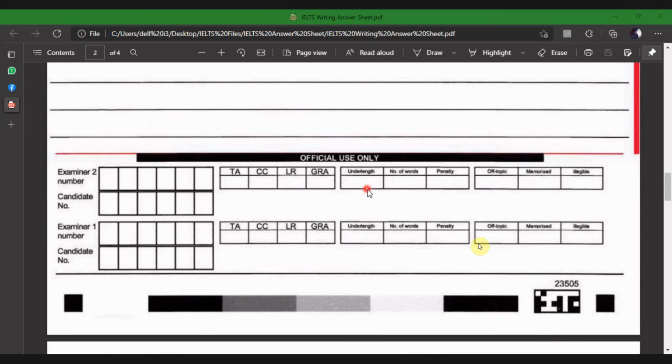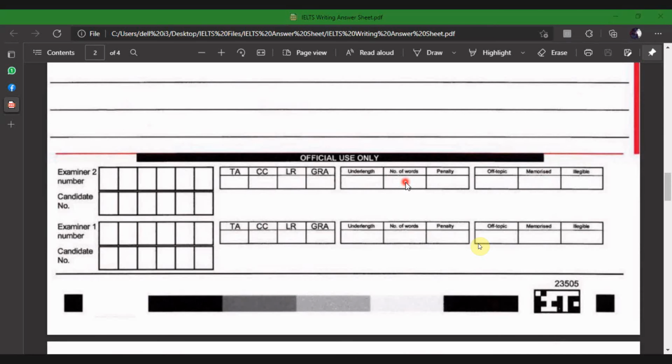Beside the box "Under length," you will also see "Number of words." After counting and checking if it's under length, they're going to write it down here. Some examiners would write points, and some would write deductions as well, negative something.